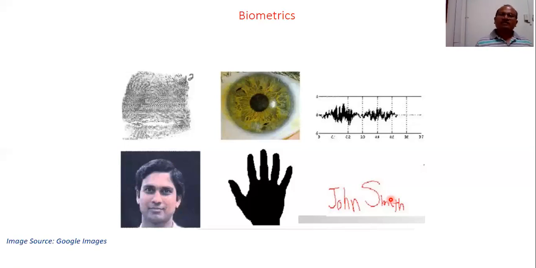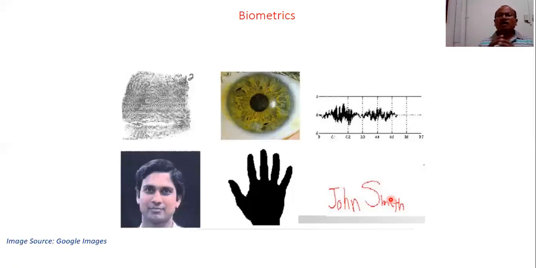Of course, it has its own challenges and limitations. Capturing iris is not an easy task. It requires expertise. It requires specific equipment. So we are not going to discuss much detail about all these applications. But what we want to say here is that biometrics is an emerging area of digital image processing, where the images are captured, then we extract the features, we extract some characteristics, those characteristics are represented in a certain manner, and that representation, sometimes we call it a template.